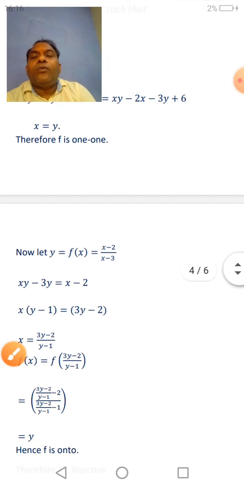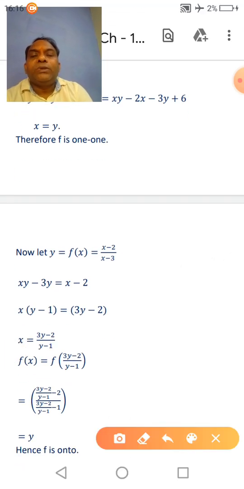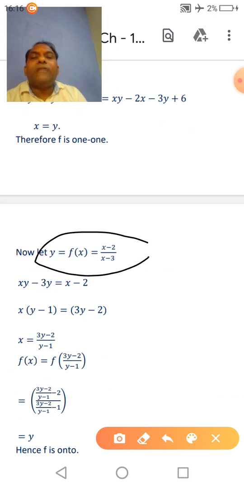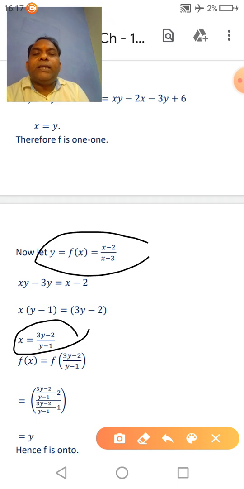Now for onto, y is equal to f(x). Put y is equal to f(x) and find the value of x in terms of y. Clear? To check the given function is onto or not, this method is also, you have to put f(x) is equal to y and find the value of x in terms of y. So x is equal to (3y minus 2) upon (y minus 1).